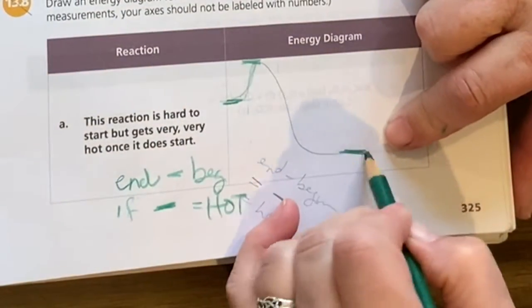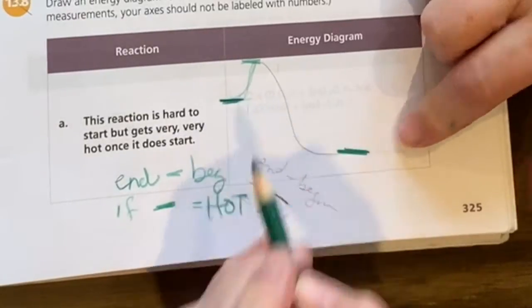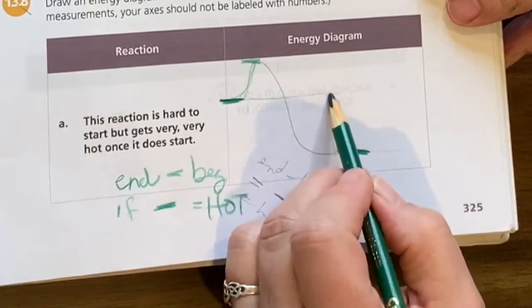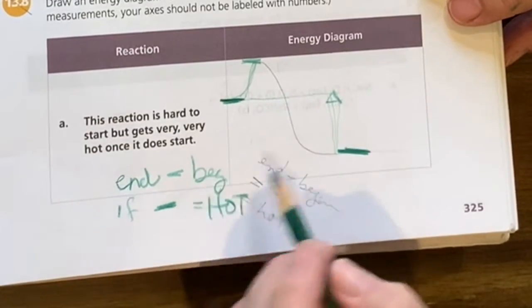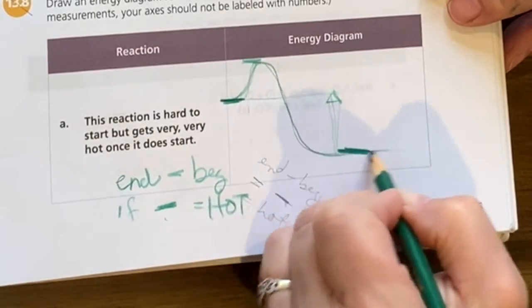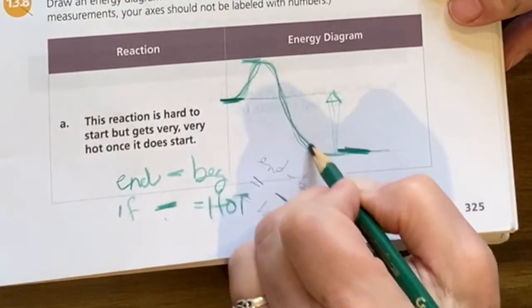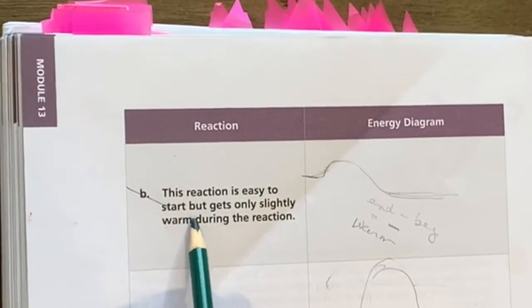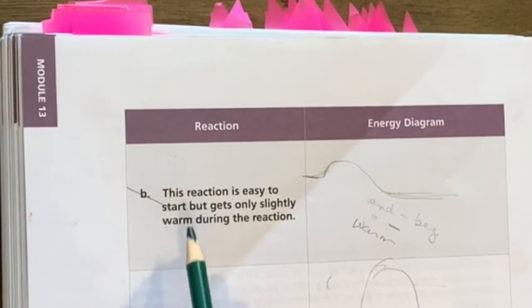And then this has to be higher than this, and it has to be higher by a whole lot, because you're measuring this to this. And if it's a negative, it equals hot. So your drawing should look something like this. All right? This reaction is easy to start, but gets only slightly warm during the reaction.